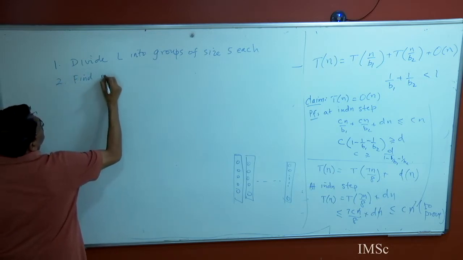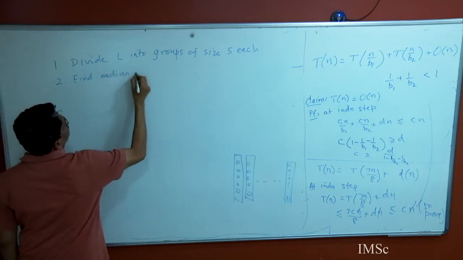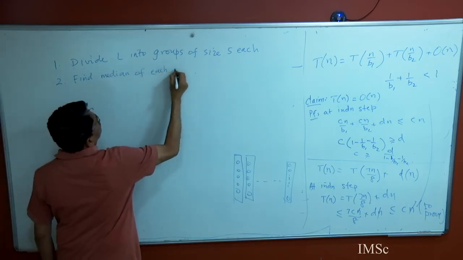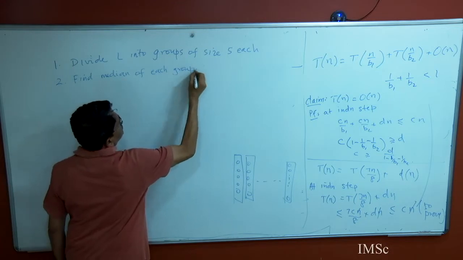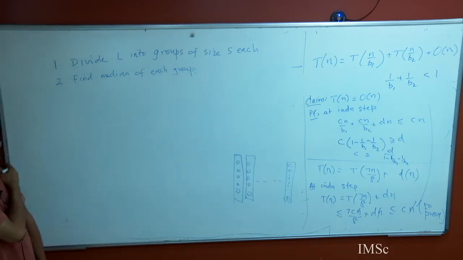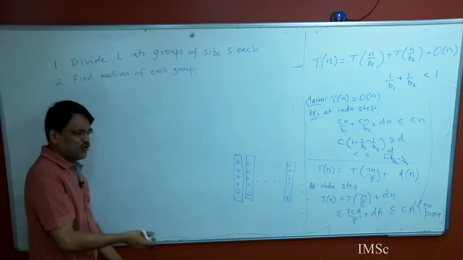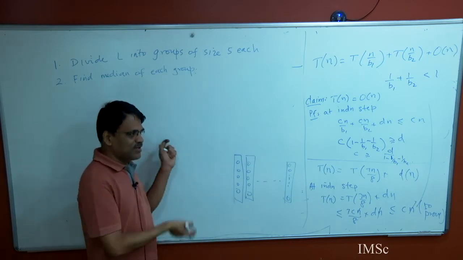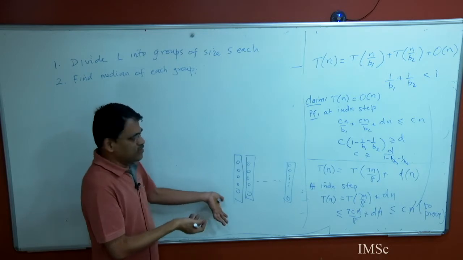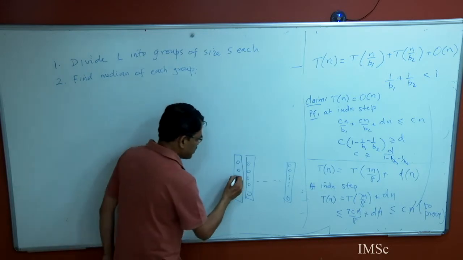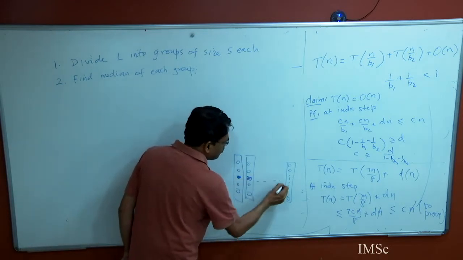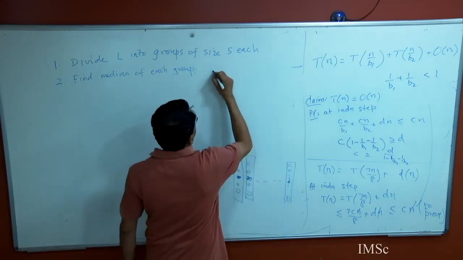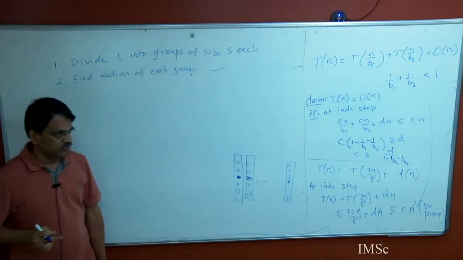Step 2. Find the median of each group. Okay, how do I find the median of each group? You can do whatever you want. It's a constant size. There are only 5 elements, sort them, find the median, do all kinds of comparisons, and you just find the median. Okay, so this is the median. Let's say I picked some median of all these groups. So how many comparisons? How much time have I spent?